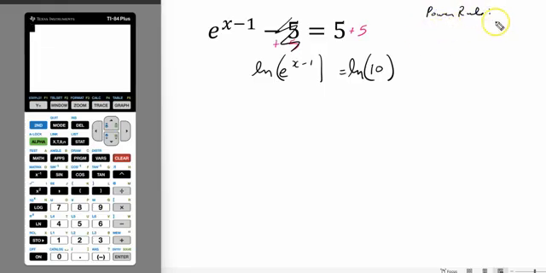The power rule says if you've got a logarithm of something m to the rth power, the exponent r can just come out the front. So I'm going to apply the power rule, and so this exponent is going to come out the front.